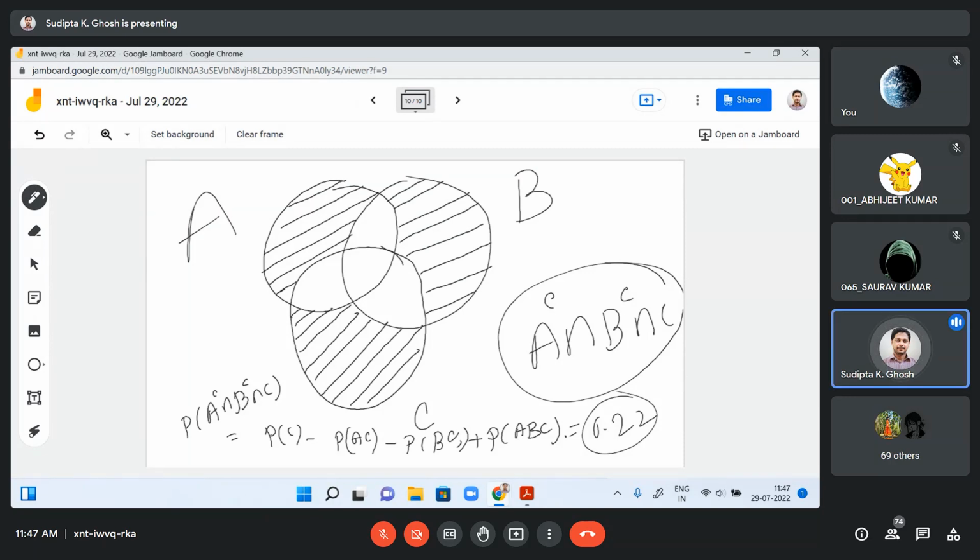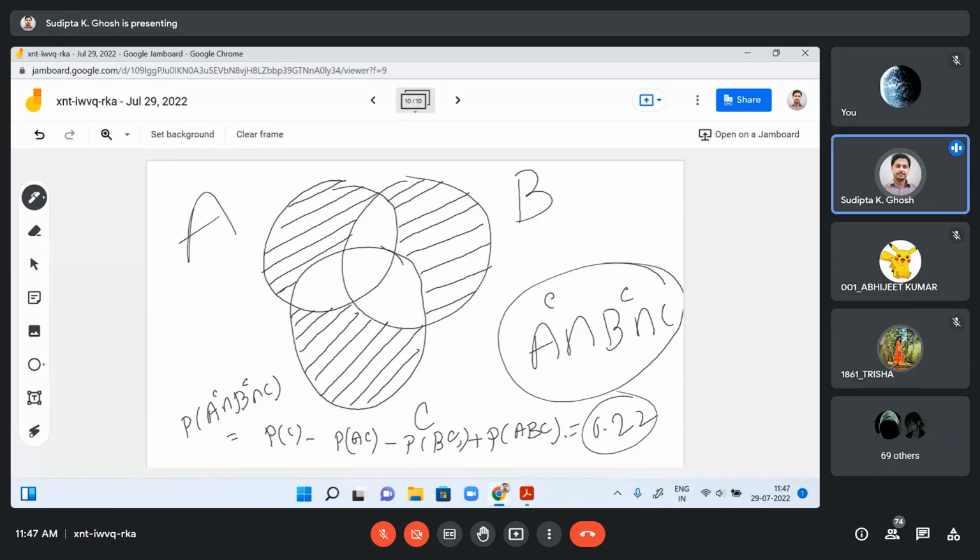Am I correct? Please tell me yes or no. Only these portions are deleted. Yes, sir. So therefore, I can think in this model, probability of, for the first case I am writing A intersection B complement intersection C complement, okay?